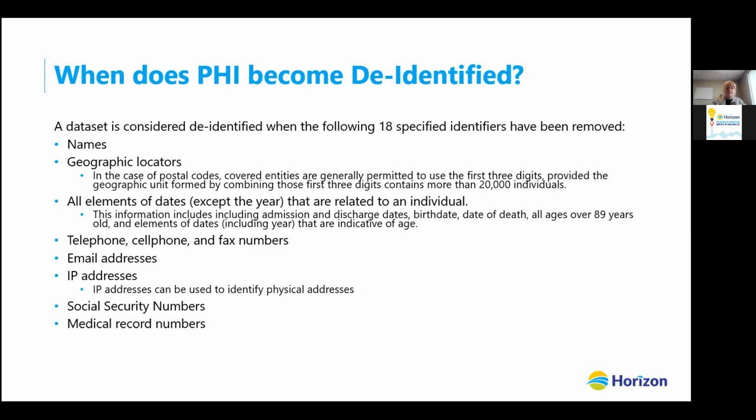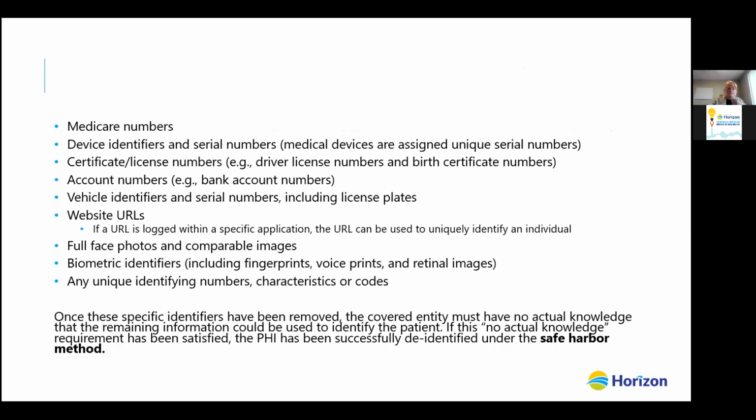Those are all directly identifying information. Medicare numbers, as we know. Also, device identifiers with serial numbers. So pacemakers have serial numbers on them. Of course, they need to keep track of that information in case there's a recall on that device.